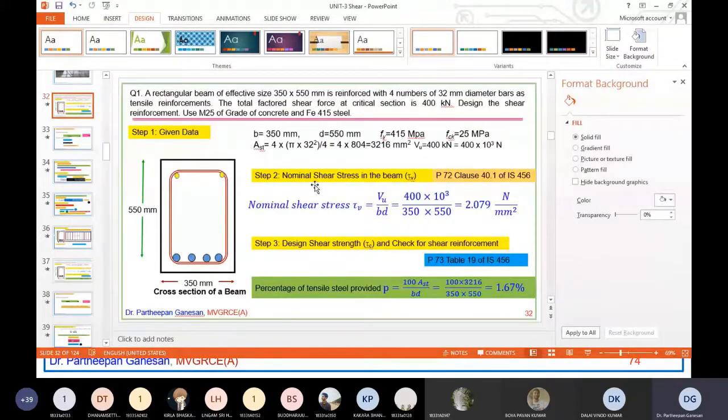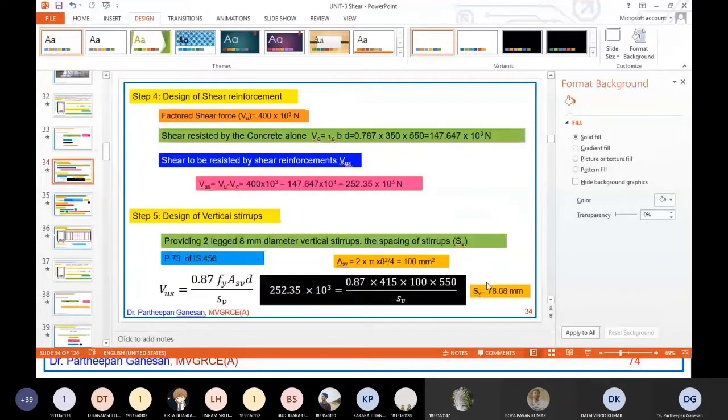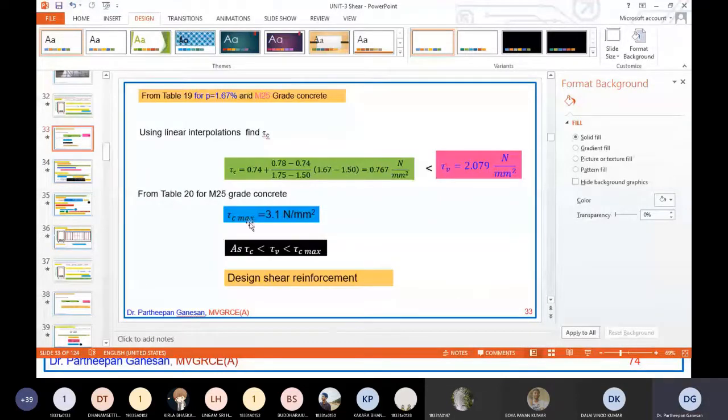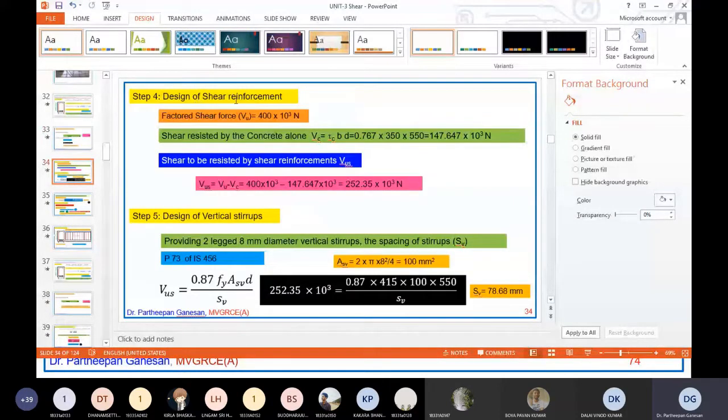see here. In the earlier problem, we found the tau v value. We have found out tau c value, and we are comparing. Here the design shear reinforcement conclusion came. Then we are designing shear reinforcement. Factored shear force is so and so. Shear resisted by concrete alone, Vc is equal to tau c bd.